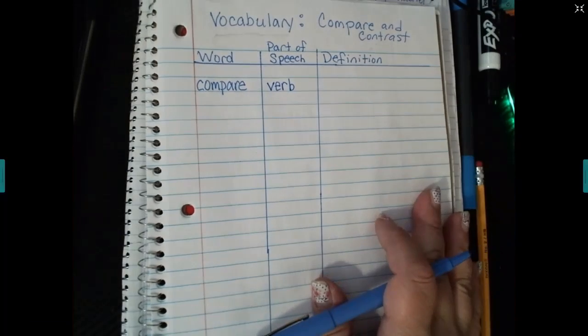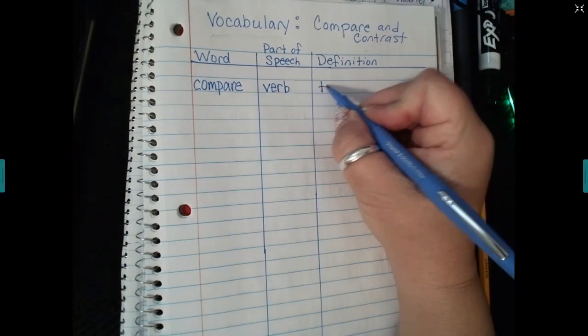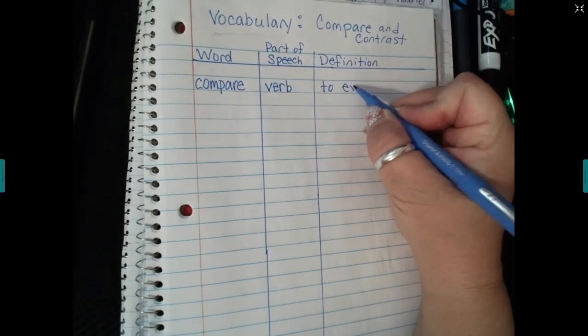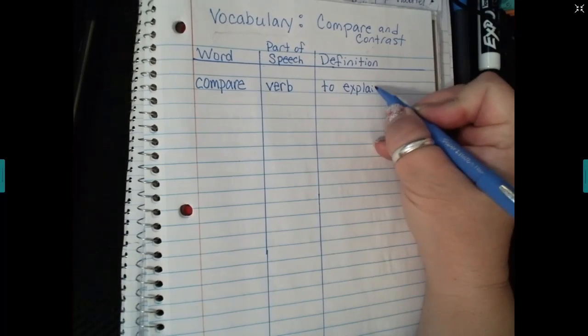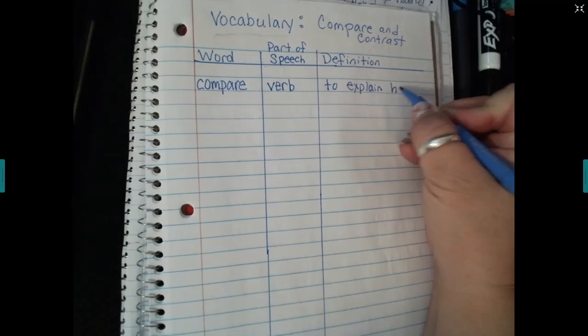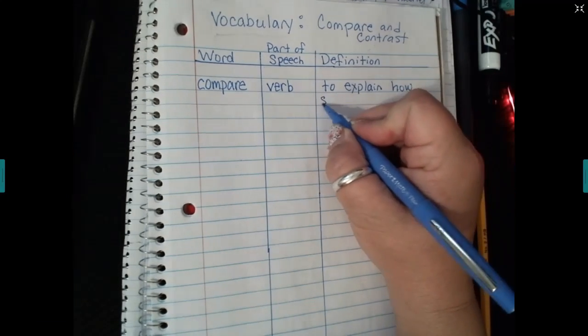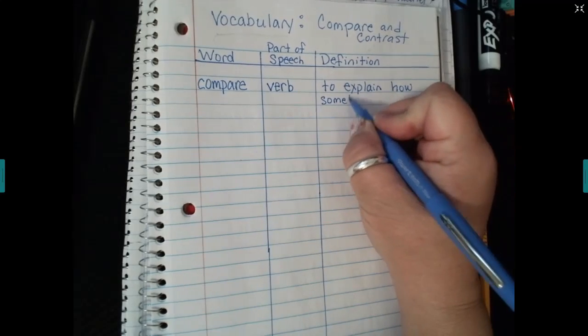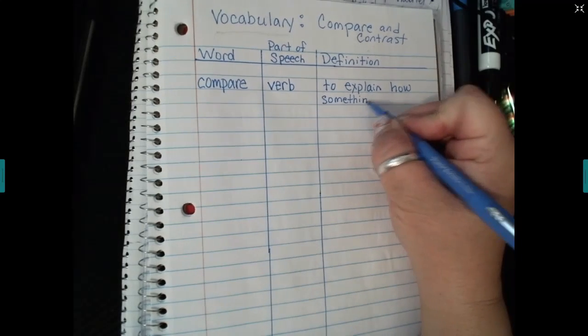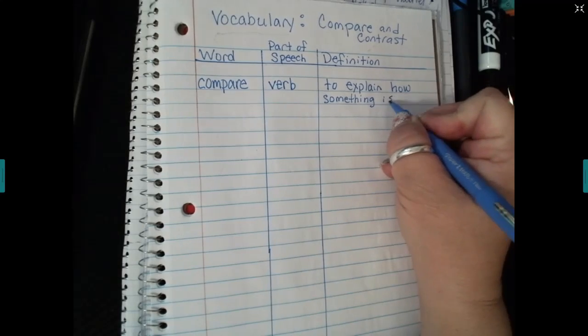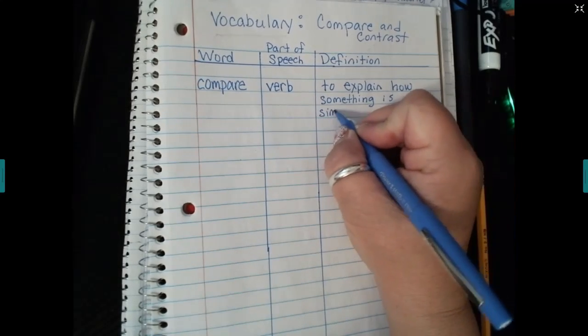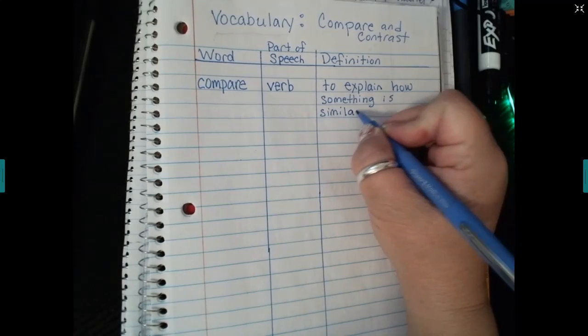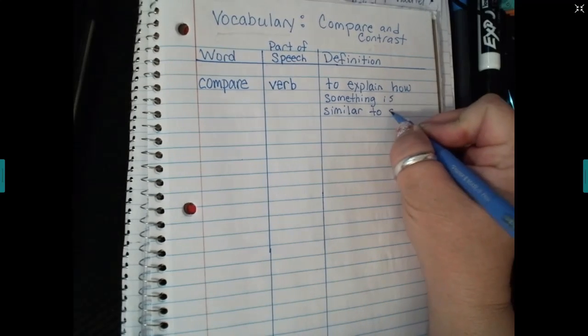And we said the definition was to explain how something is similar to something else.